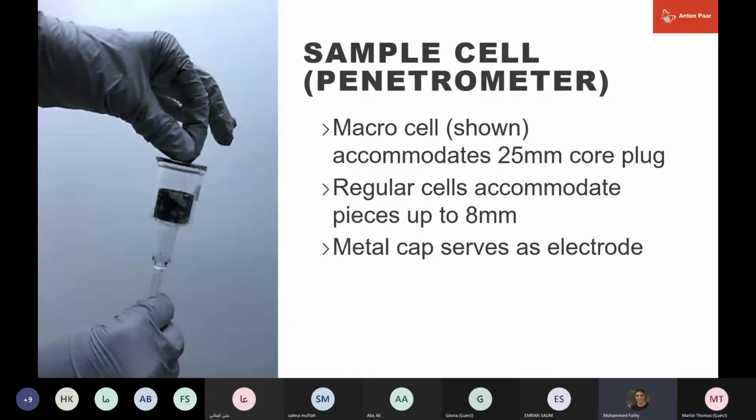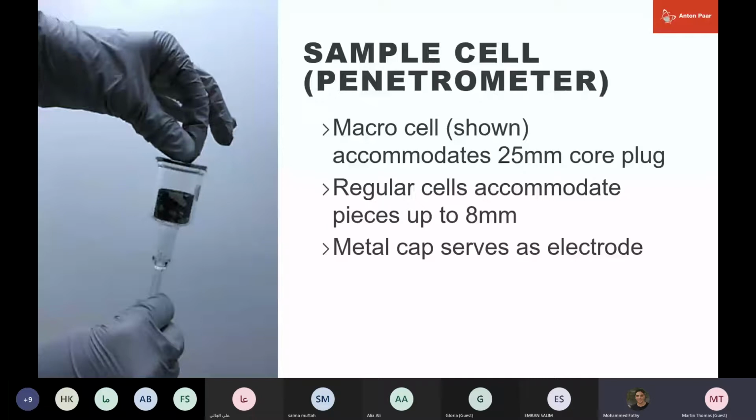So once you have your sample cell in there, the sample goes in this end, and then it has to be closed off, and then the instrument will add mercury from the open stem end. When the sample cell is put together, I'll show you later live, it's capped off with a metal disc, and this allows the instrument to make electrical contact with the mercury that's filling the sample cell.